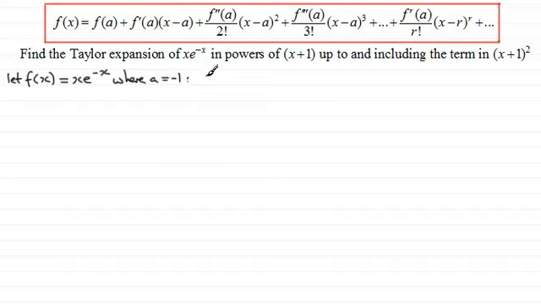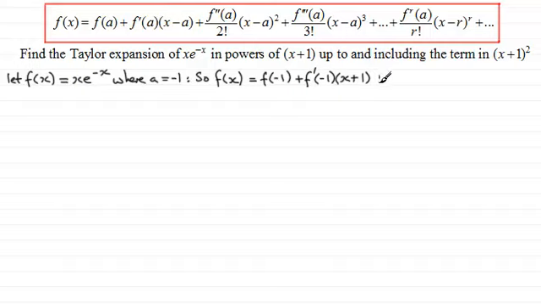And if we do that, then by Taylor's expansion, f of x will be equal to f of minus 1 for the first term, and then for the second term, it'll be the first differential of f of x, where x is equal to minus 1, multiplied by x plus 1. Okay, x minus minus 1, giving us the x plus 1.